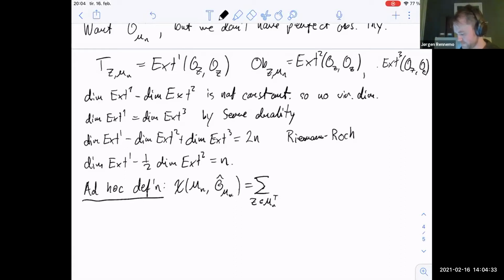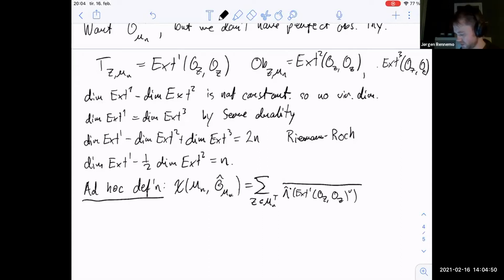where in the denominator you would get, let me write it like this, something similar to what you had before, and in the numerator you would get this thing.